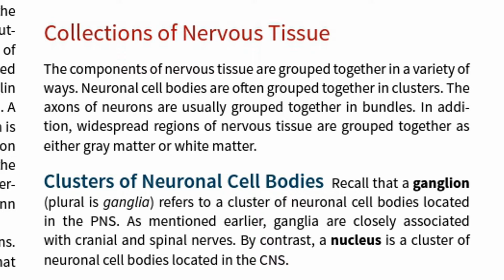We have discussed the ganglion, then the nucleus, then we have learned about the nerve and tract, then we have discussed the gray matter and white matter. I hope that you have enjoyed this presentation lecture, and I also hope that it will be helpful in your exam preparation and also in your studies.